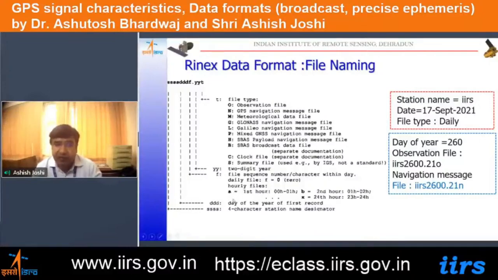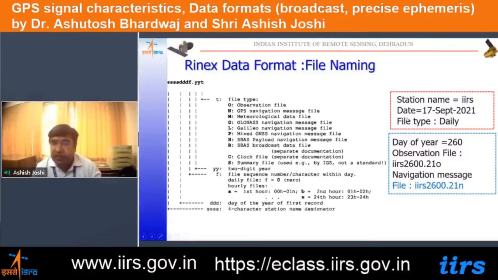Each character of the file name will identify the file. The first 4 characters represent the station name. If the GPS receiver is at the IIRS campus, then we can name the station IIRS. The next 3 characters represent the day of the year.